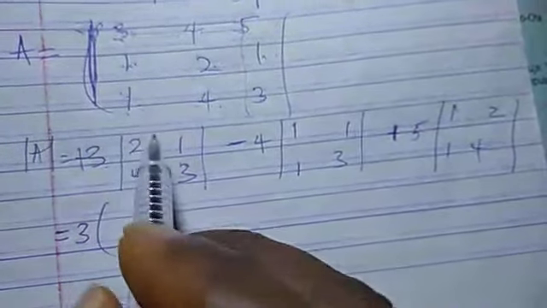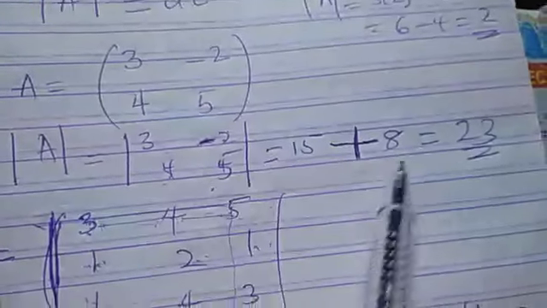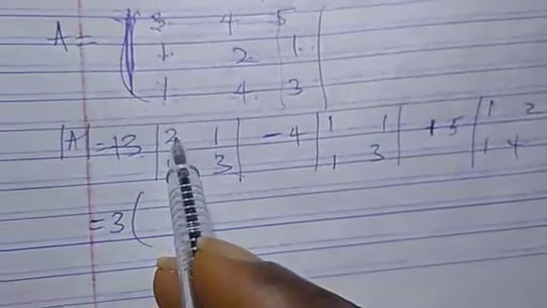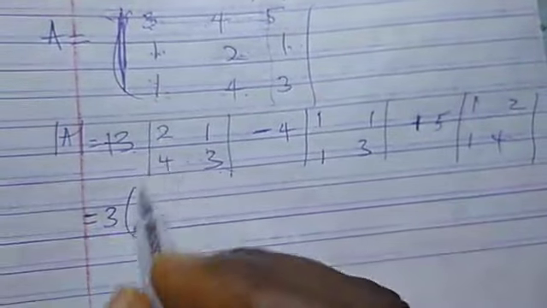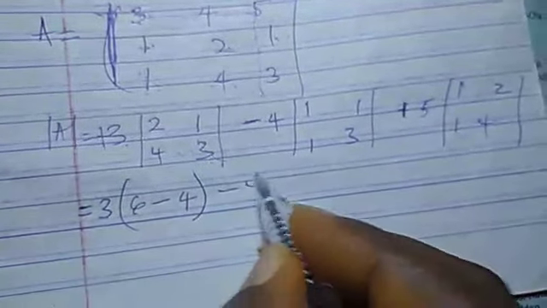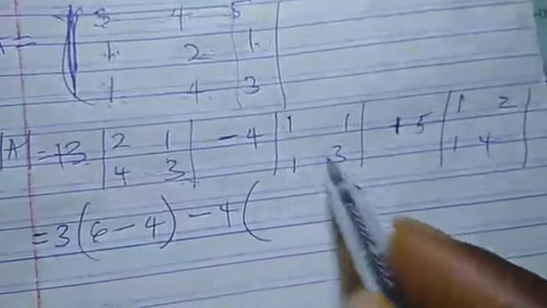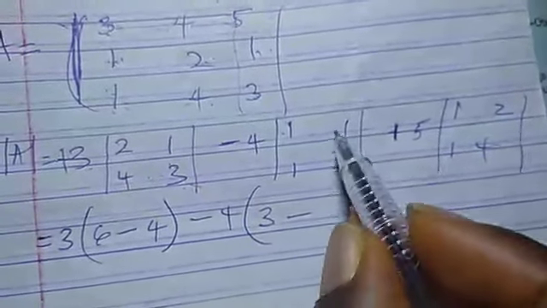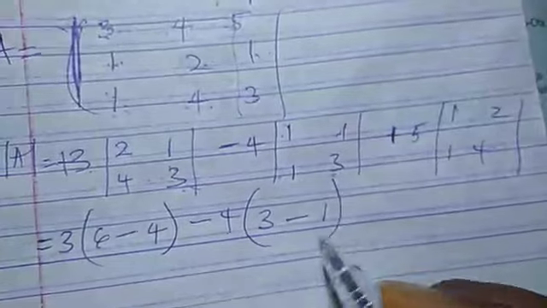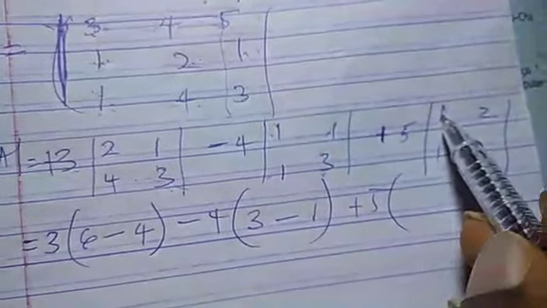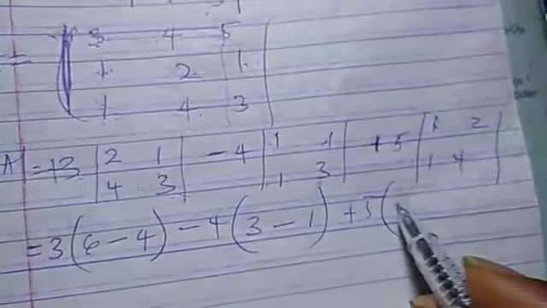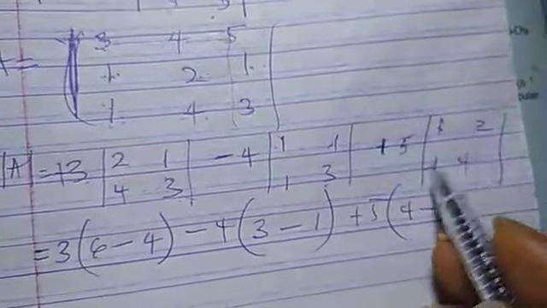Now I will apply what is here to this. Starting from 2 times 3, 6, minus 4 times 1, which is 4. Minus 4 into this one: 3 times 1, 3, minus 1 times 1, 1. Plus 5 into this: 4 times 1, 4, minus 2 times 1, that is 2.